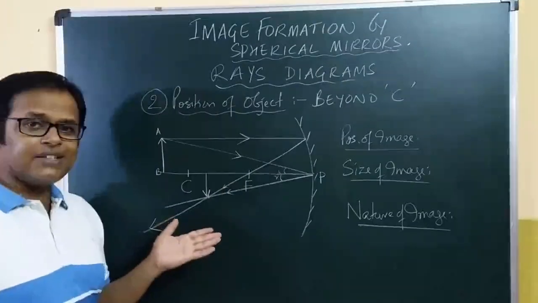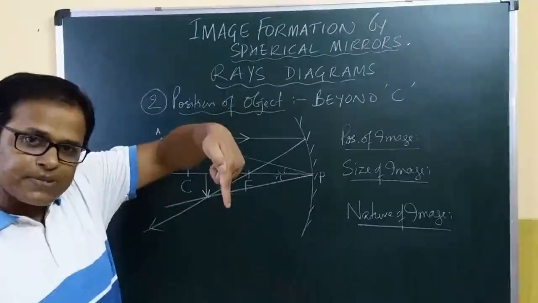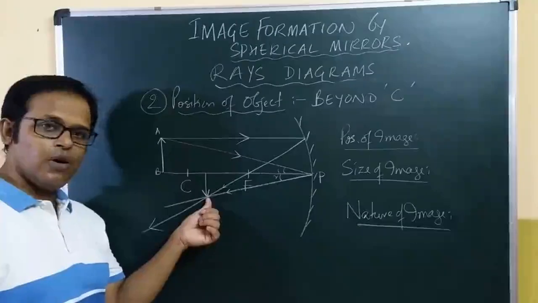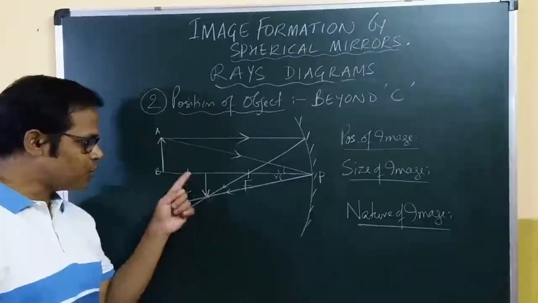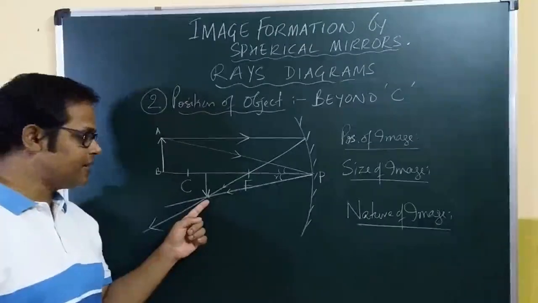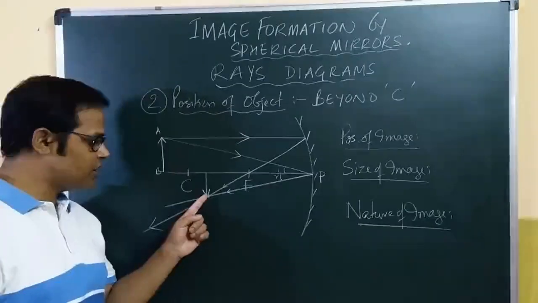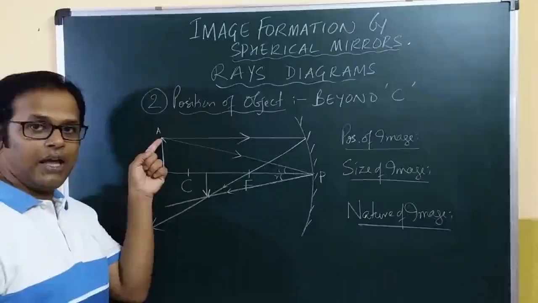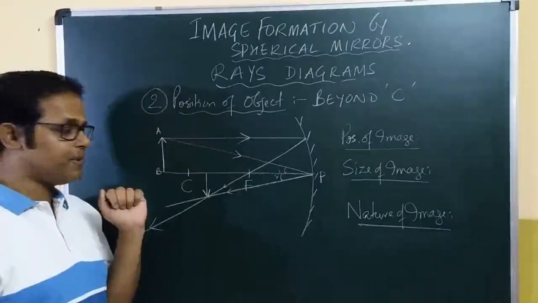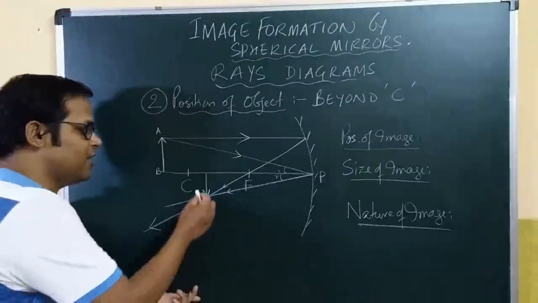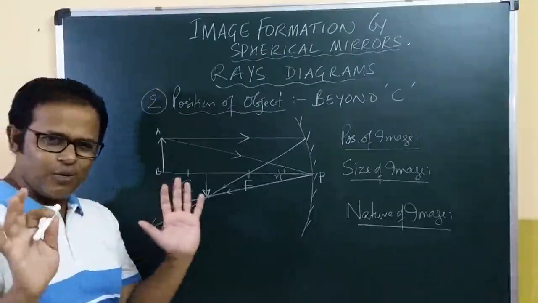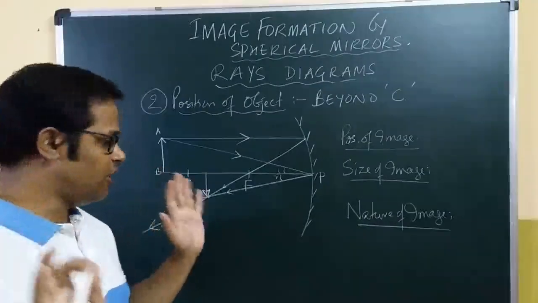So you can clearly see that I have drawn an arrow which is upside down, and the simplest reason is this tip of intersection is found to be below the principal axis, but actually the light rays which intersected here started their journey right from A, which was above the principal axis. So it means that the image in fact is going to be upside down, or a single word is enough, inverted image.